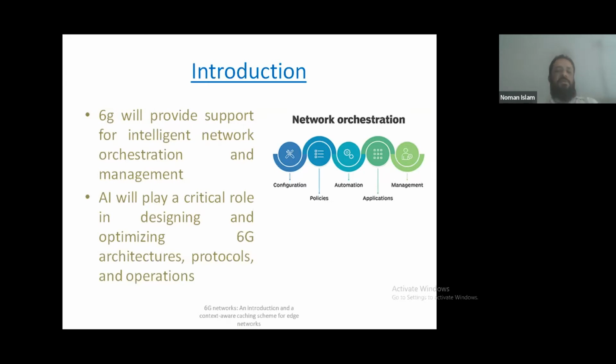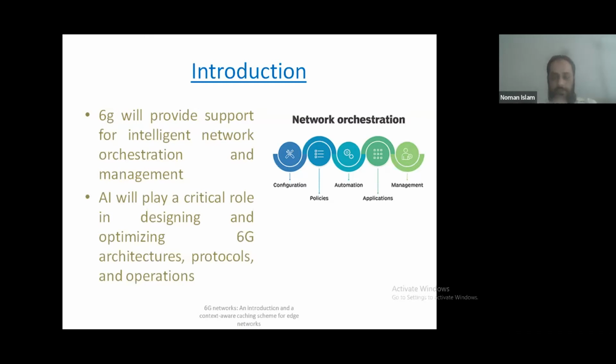Let me tell you one thing: AI is going to play a very important role in 6G networks. The AI-based sensing mechanism will be used to collect the data, and based on the data that is collected, different types of intelligent decisions will be made in terms of improving the architecture, the protocols and operations, the configuration, policies, automation.